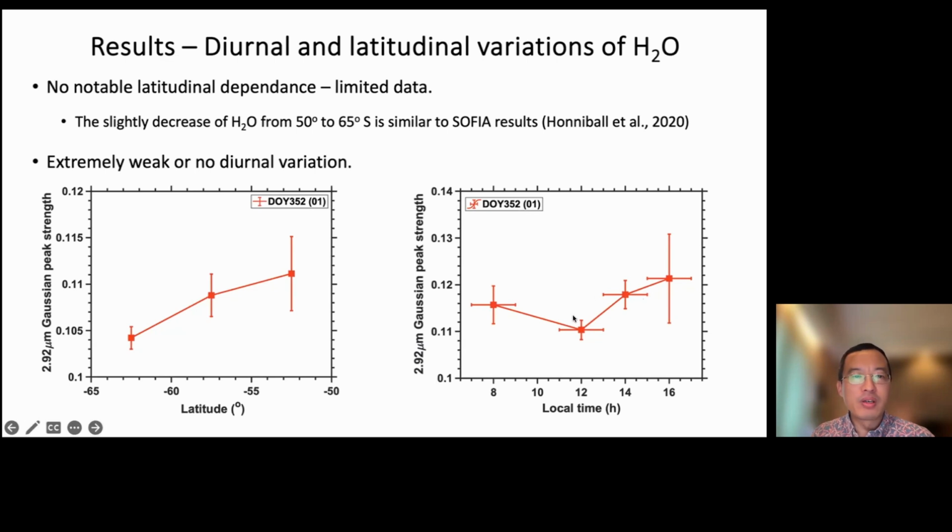This is on the red plot. You can see this is from morning, noon to afternoon. There is a slight decrease at noontime, but again, the variation is too weak, so I'm not sure whether this is a real diurnal variation or no diurnal variation.